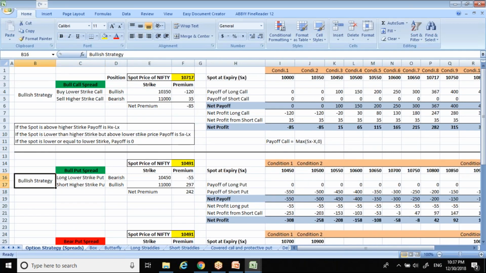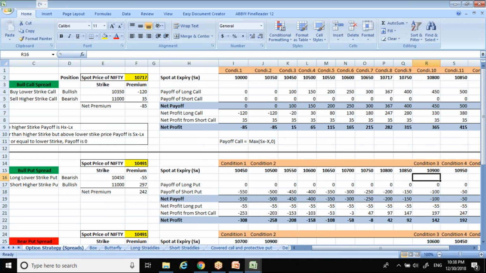So this is again a bullish strategy, and this is again a bullish strategy. These two strategies are only applied when you feel that the market will be above your lower strike price call in this case, and here in this case it will be above lower strike price put. So then you apply this strategy.